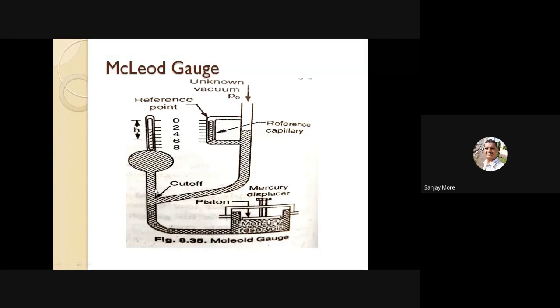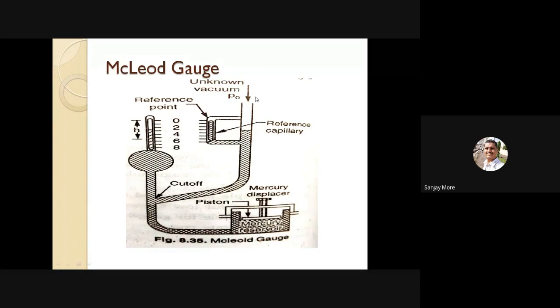So if this mercury is transferred from this cutoff point to the bulb, then measure this height, and this reference point is also considered as the zero reference point.